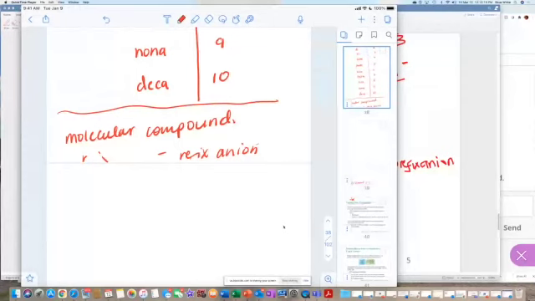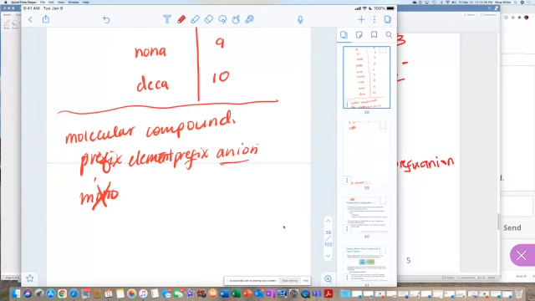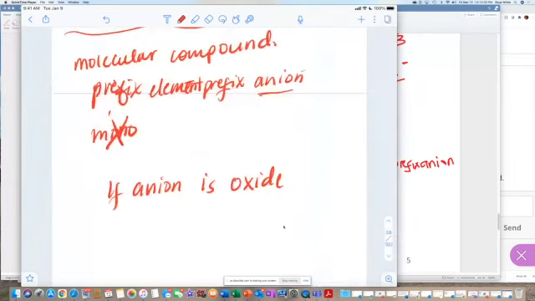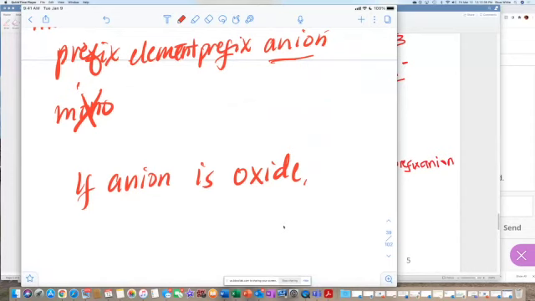The other thing I mentioned on Wednesday that I want to mention again is, prefix, element, right? So here we don't include mono. The other one is if your anion is oxide. This scenario applies if your anion is oxide and your prefix ends with an O or an A, you have to consolidate.